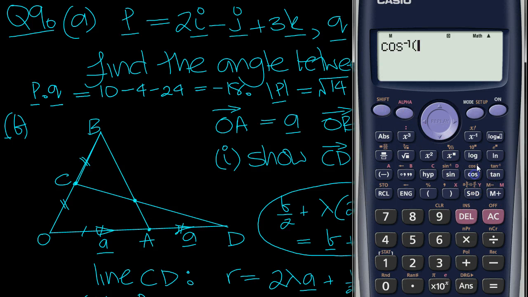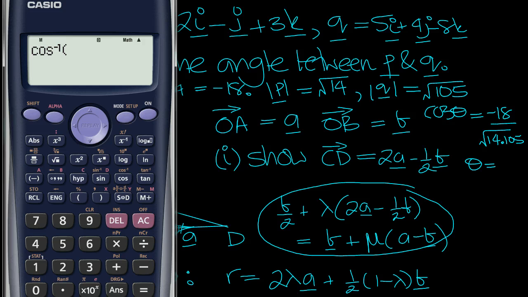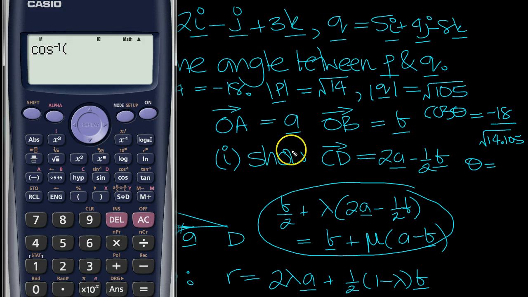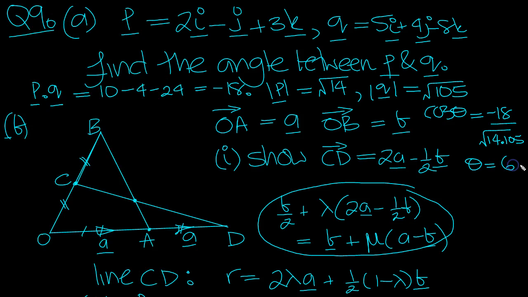Shift cos. So shift cos, let's just drop the negative for now. 18 divided by the square root of 14 times 105 equals 61, so 62 degrees.